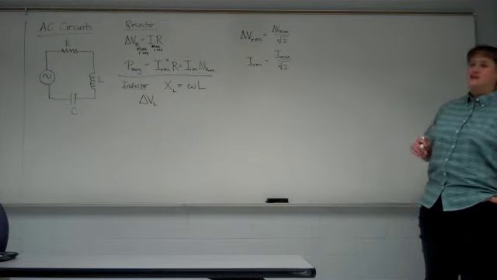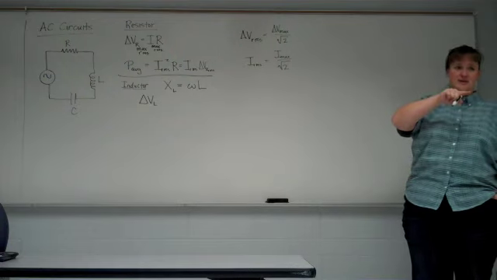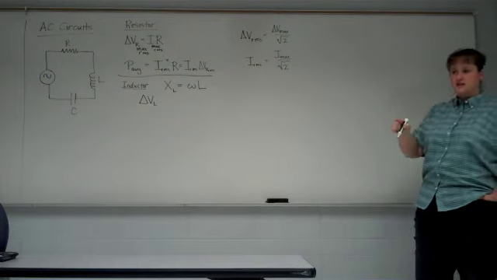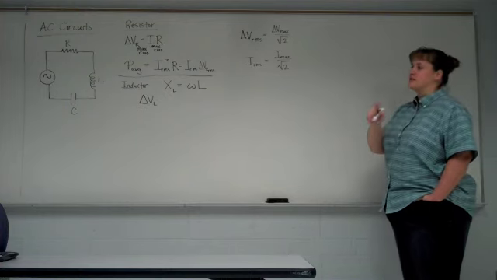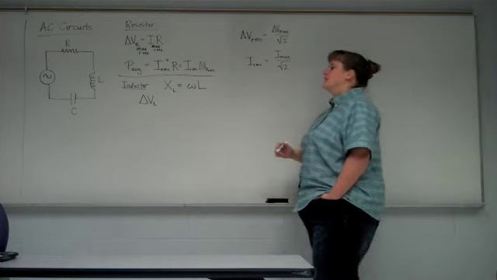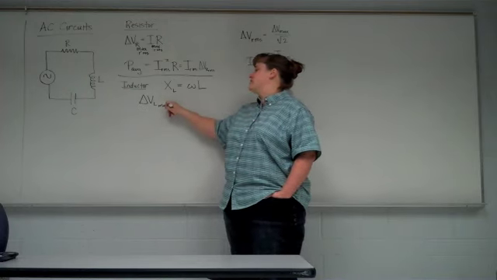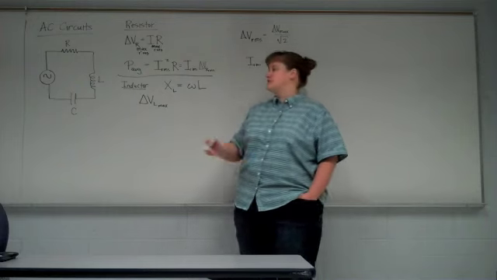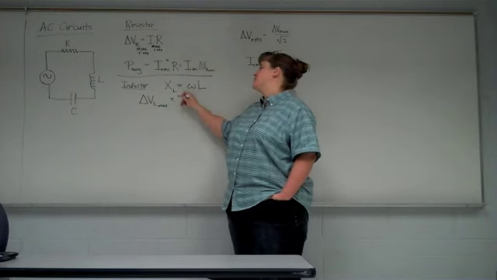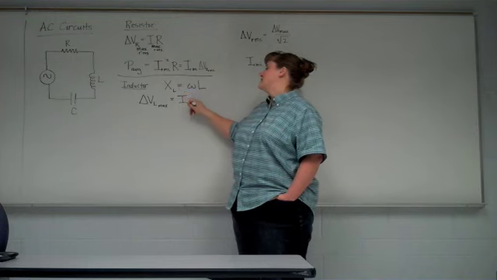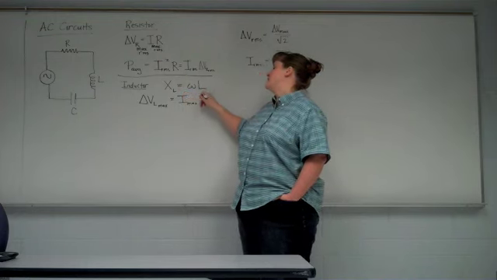So if the voltage across the inductor is at a maximum, the current's at 0. If the voltage is at 0, then the current is a maximum. But we have a simple relationship that relates the maximum voltage drop across the inductor to the current and the inductive reactance.